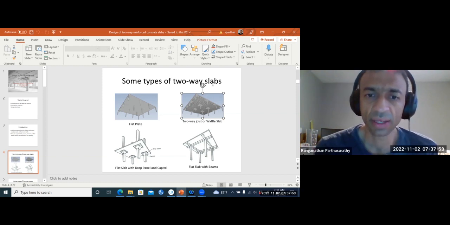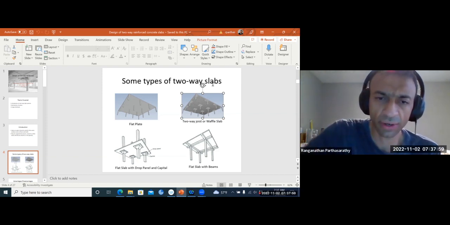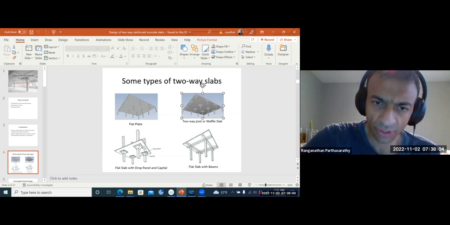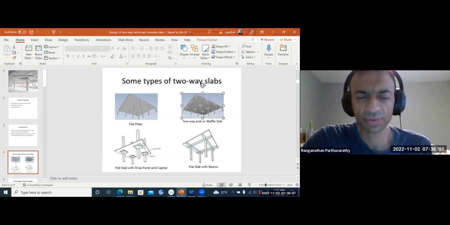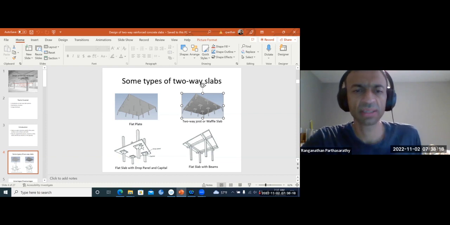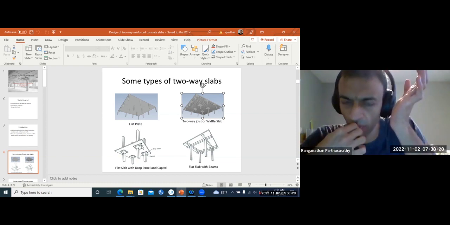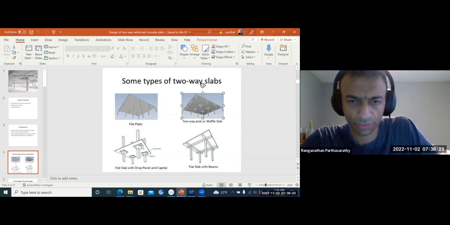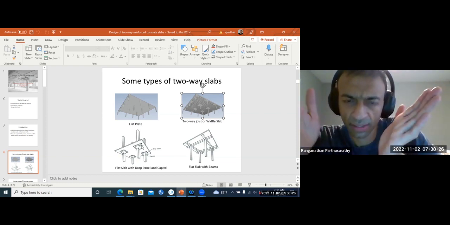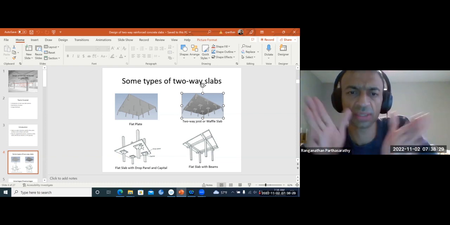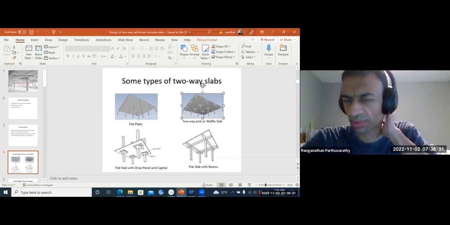And next you have two important components that you can see here. One is a drop panel. A drop panel is a portion of the slab which has been thickened above the column, and then the column capital, which has a prismatic shape where the cross section is tapering towards the column cross section.